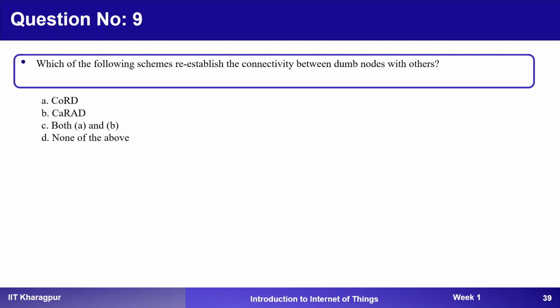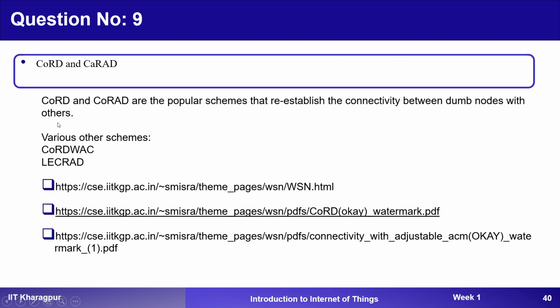Next one is which of the following schemes re-establish the connectivity between dumb nodes and others? Options are CORD, CARD, both A and B, and fourth one is none of the above. These are the schemes proposed by various authors, used to re-establish the connectivity between the dumb nodes and others.